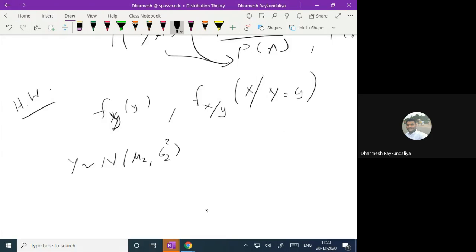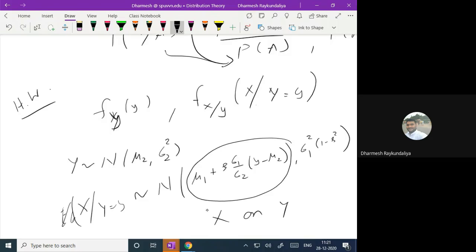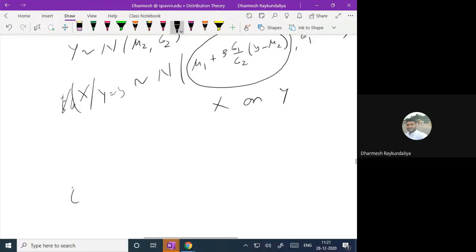And x given y equal to y has a normal distribution with mean mu 1 plus rho sigma 1 upon sigma 2 (y minus mu 2) and variance sigma 1 square (1 minus rho square). So this is nothing but the regression line of x on y. When you find the conditional mean of x given y equal to y, it is the regression line of x on y.